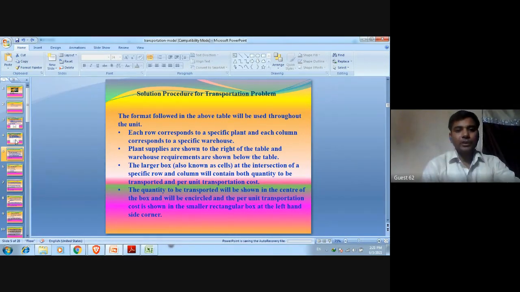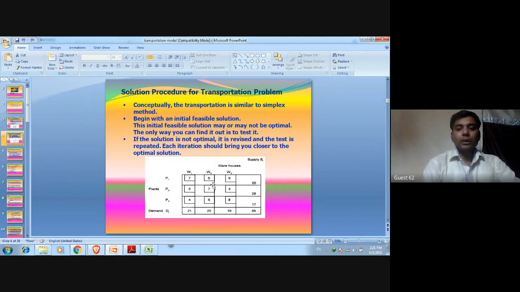This P1 is a specific plant. It means this is your factory, the place from where you will supply your product. In this figure, P1 is your plant where you produce 20 units. So each row corresponds to a plant, or your factory, from where you produce your item or product.